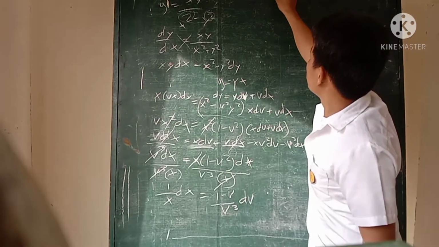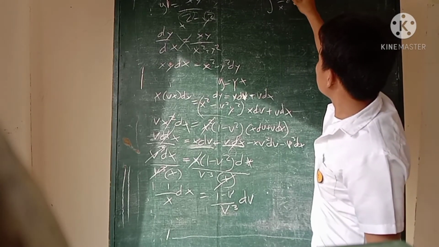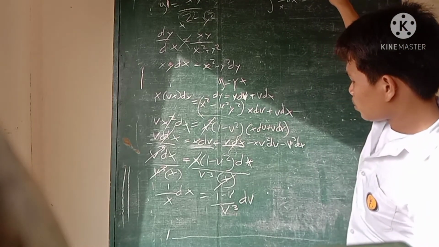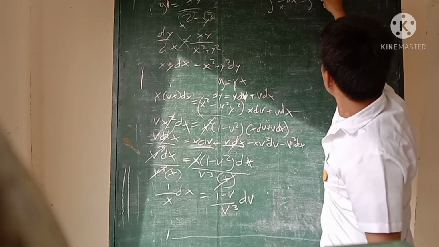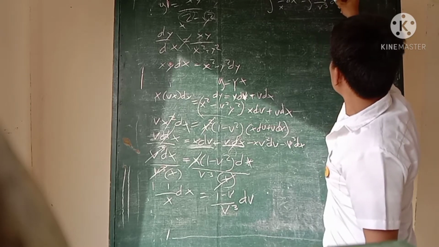So the integral of 1 over x dx equals the integral of 1 minus v over v cubed dv.